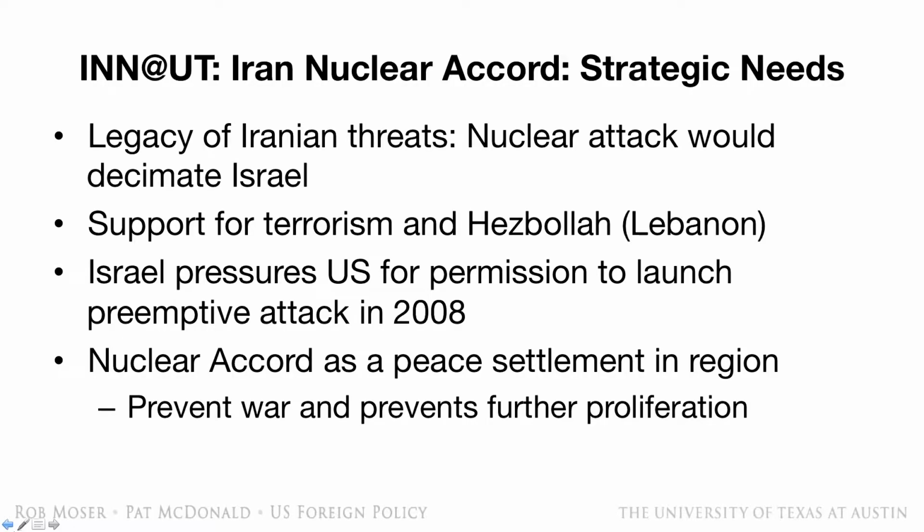Iran also supports Hezbollah in Lebanon, which has targeted Israel with terrorist attacks and military strikes. Consequently, Israel has consistently opposed the Iranian nuclear weapons program and pressured the United States to ensure that Iran would not acquire a nuclear weapon that could be launched against Israel.